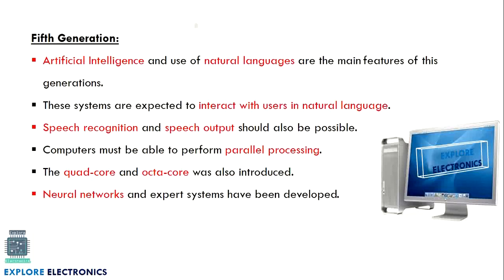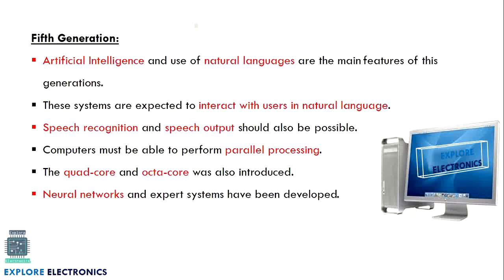In the fifth generation of computers, that is the present and future generation, the technologies have advanced enormously. We have artificial intelligence, and the computers interact with us in natural language. Earlier, punch cards were used for giving inputs to the computers, but now we are able to interact with the computer in natural language.